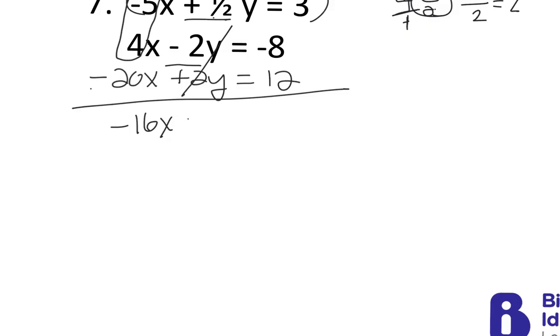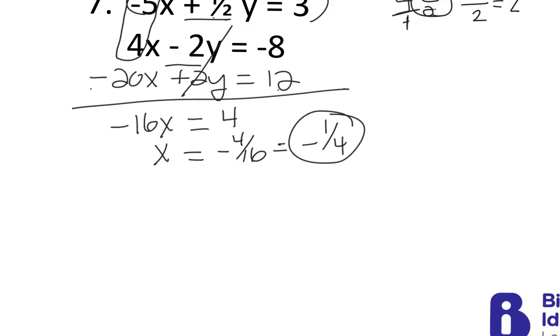My y's cancel out. 8 and 12 is 4. So x equals negative 4 over 16, or negative 1/4. Okay, so that's my x.